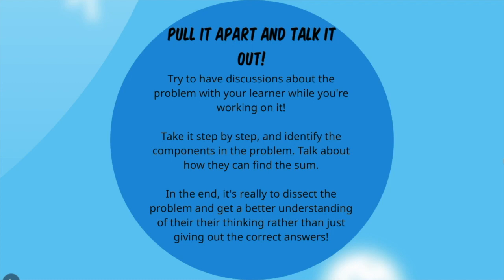Then talk about how they can find the sum, so you can teach them tools, and by talking about it orally, they can think back to that moment, like, oh yeah, I talked about this with mom or dad or teacher. In the end, it's really just to dissect the problem and get a better understanding of their thinking rather than them just spitting out the correct answers right off the bat.